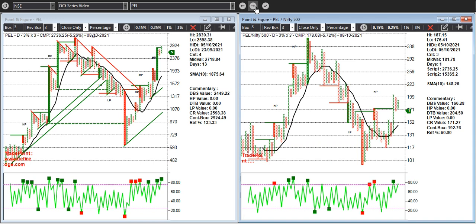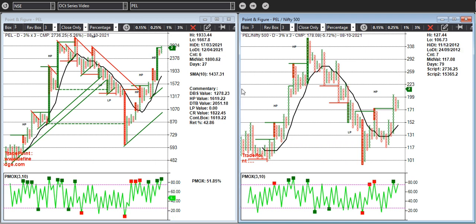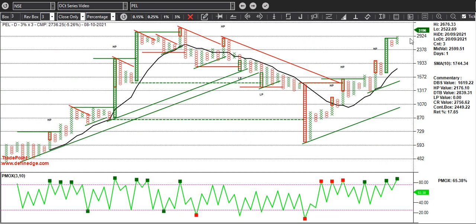PEL, we have. Now check this chart. So these 45-degree trend lines, which were active from 2018, were broken here.